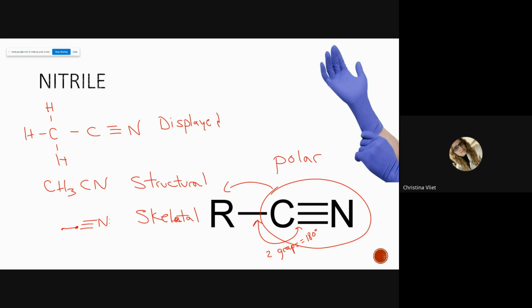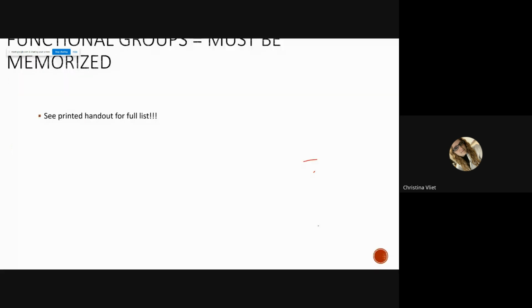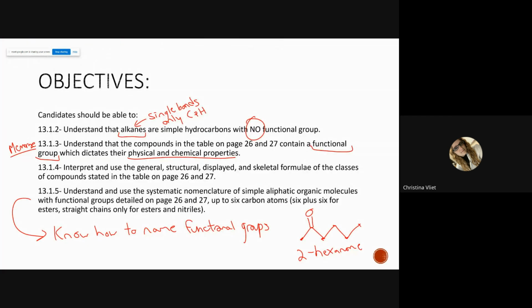Polar, dipole, again. Wait a second, so why did I even ask you if everything's polar? What's non-polar? Methane. So going back to the objectives, alkanes are non-polar. The first thing we did last class is actually non-polar.